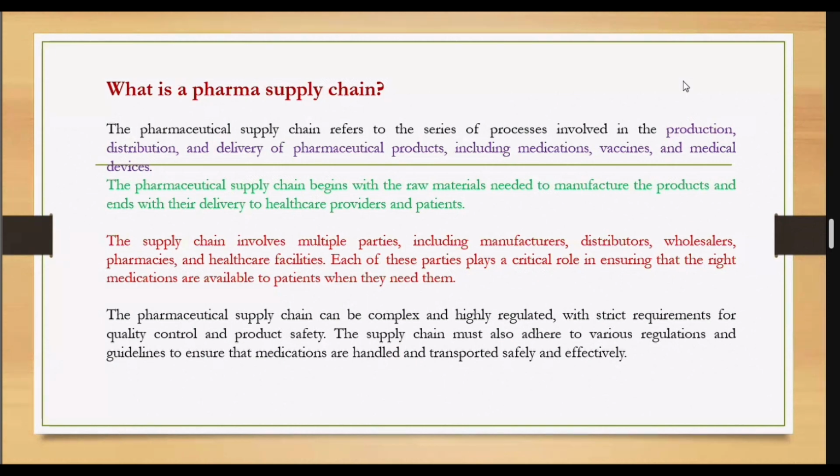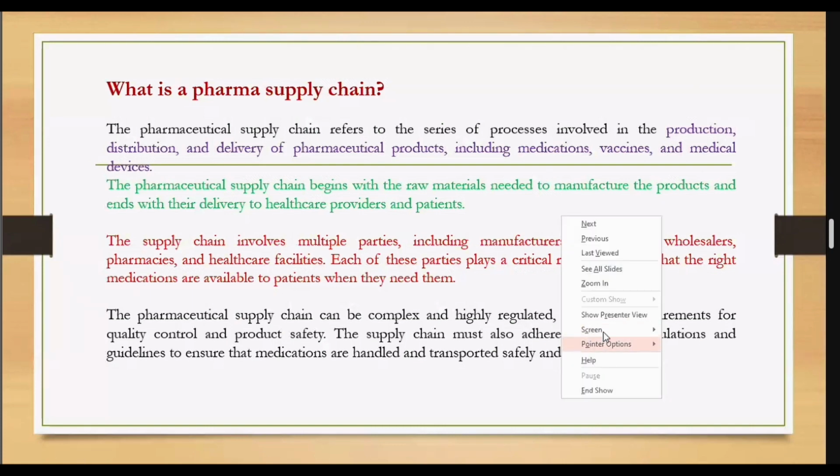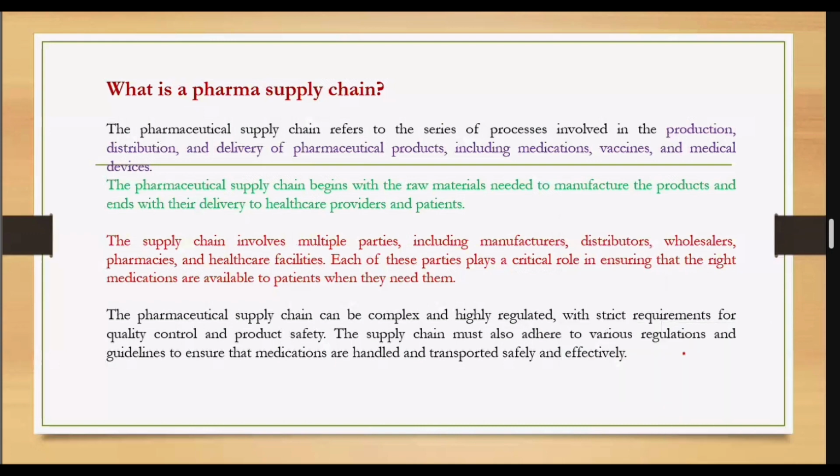Then the supply chain concept comes into the picture, and you see the requirements for the customer, the supply chain, and also, of course, in the pharmaceutical supply chain, you have to see the regulations and guidelines, so all the medications are handled and transported very safely and effectively. This is a simple understanding of the pharma supply chain.